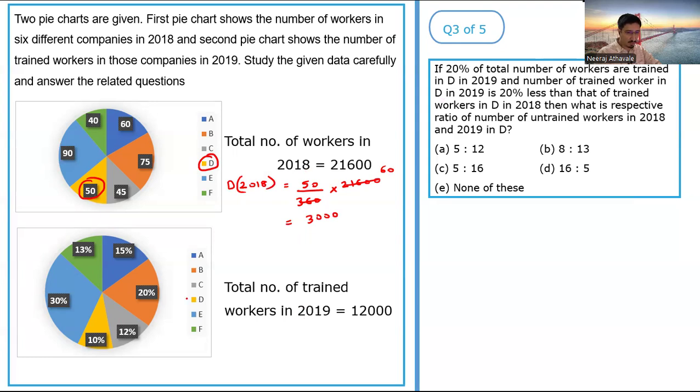Okay. Now company D, it is 10 percentage. So D trained in 2018. This is 10 percentage of 12,000. Okay. So that is 1200. Now total number of workers in D in 2019 will be how much?